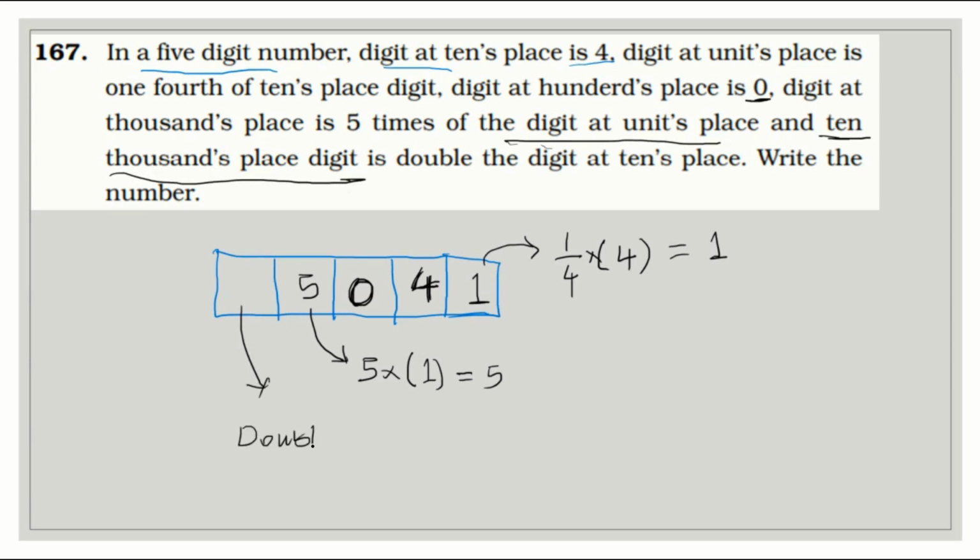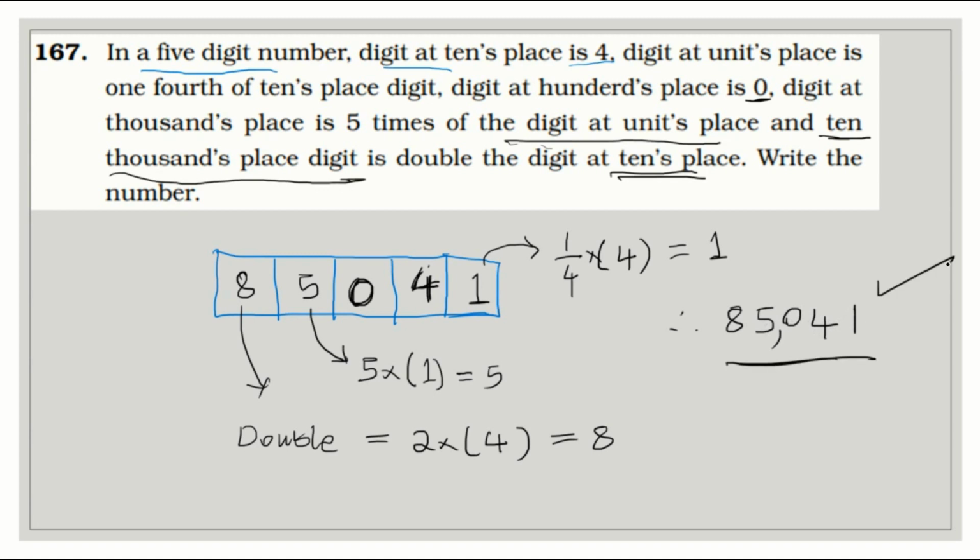What do you mean by double? Double means 2 times the tens place digit. Here the tens place digit is 4, so 2 fours is 8. That means 8 comes here. So what is that number? 8 5 0 4 1. That means 85,041 is that number.